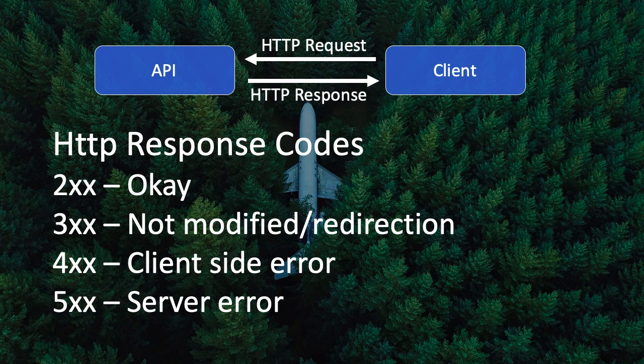Or they've attempted to access something they're not authorized to access, in which case we'd send back a 401 unauthorized response. And then we've got our 500 server errors, and typically if we throw an exception, then we're going to be sending back a 500 internal server error, and that means something has gone wrong with our API.